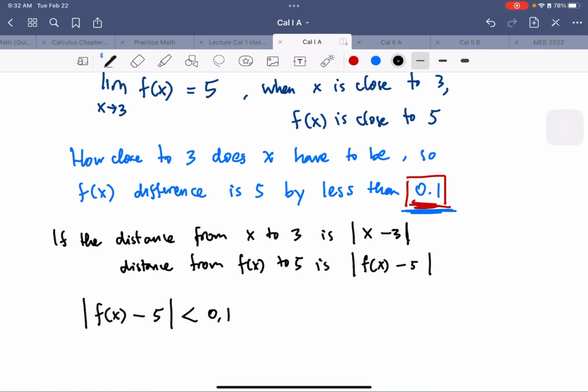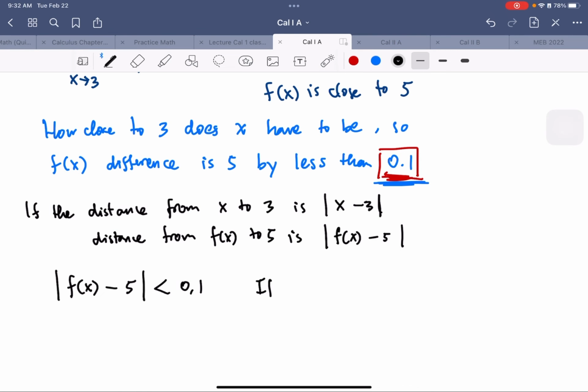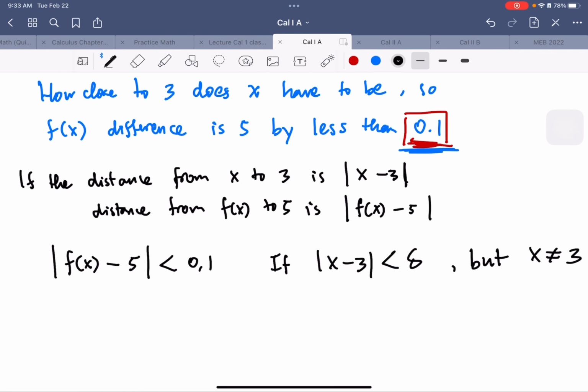So this will be if the distance is less than delta. The delta is the distance that we want to observe. This is also x not equal to 3, right? From our statement in the piecewise definition.